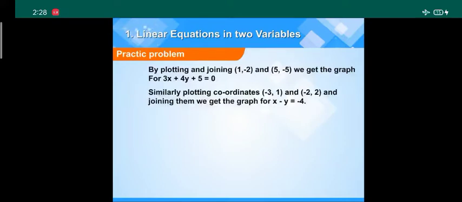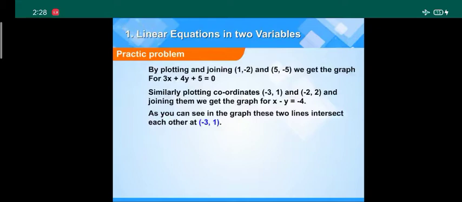Similarly, plotting coordinates -3, 1 and -2, 2 and joining them, we get the graph for x minus y is equal to -4.